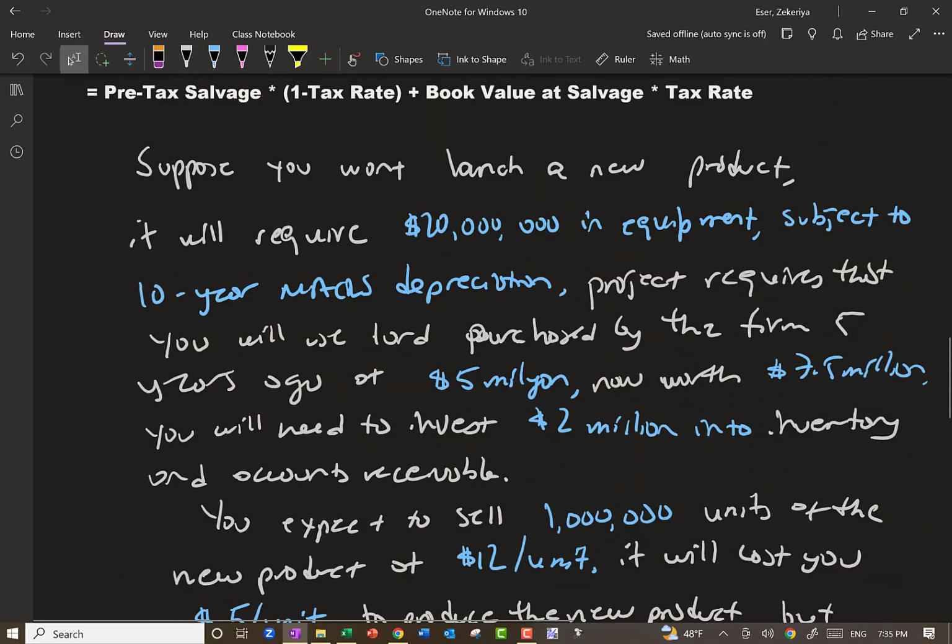Anything else we should include into net capital spending at the beginning? Remember the opportunity cost. Is there any opportunity cost here?